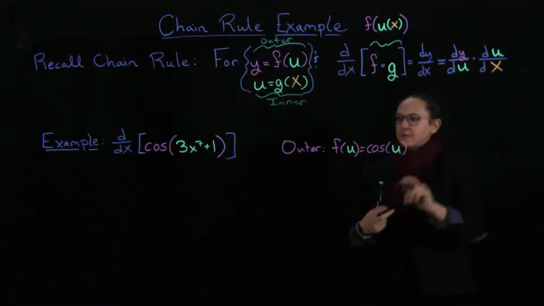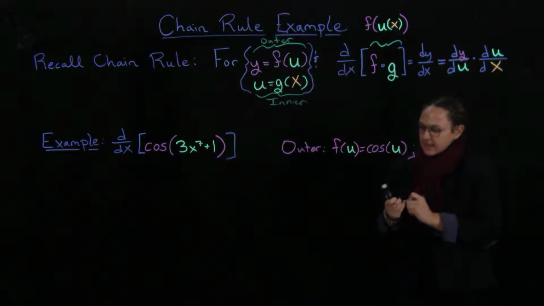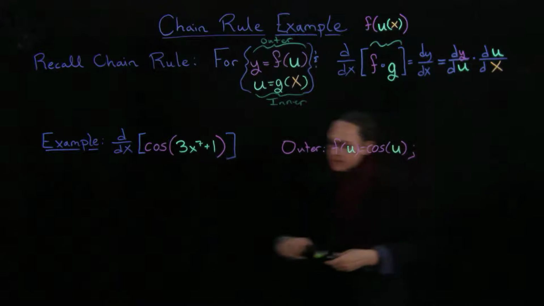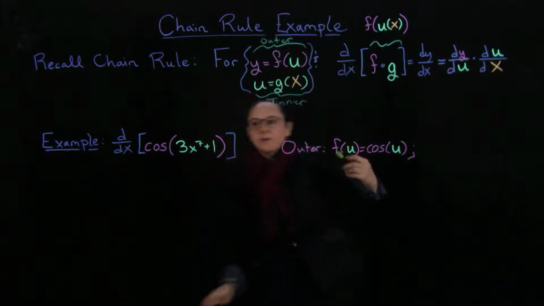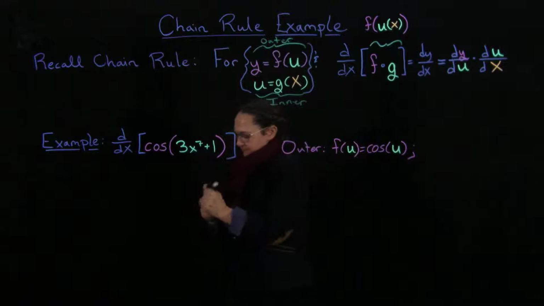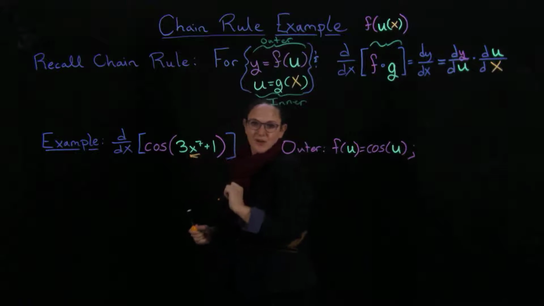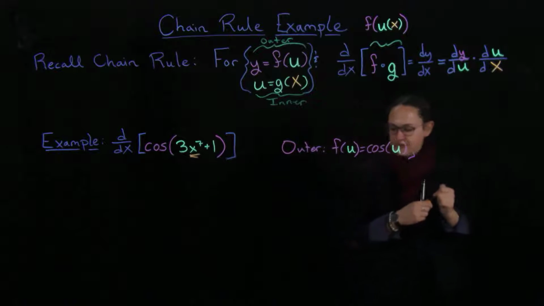And then I have my inner function. Now we're doing our inner function in green with the variable in orange, like we did up there. This is my orange variable. So let's go ahead and write that.